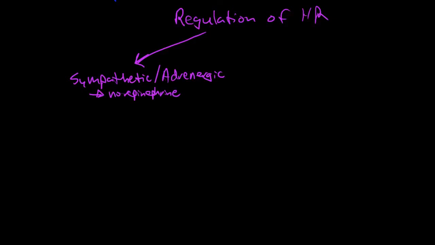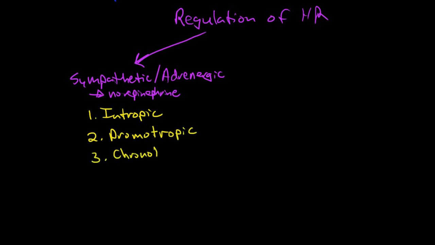What are the three effects that the sympathetic nervous system has on the heart? Well, we have increased inotropic response, which is force of contraction. We have the dromotropic response, which is the speed of conduction, primarily through the AV node, and then increased chronotropic response, which is mainly what we are discussing here.